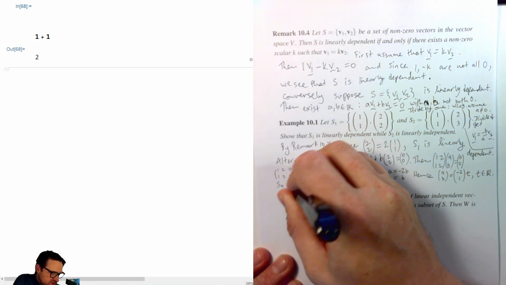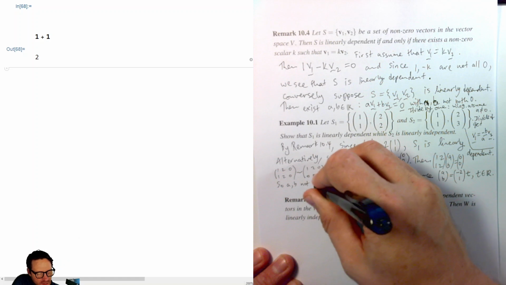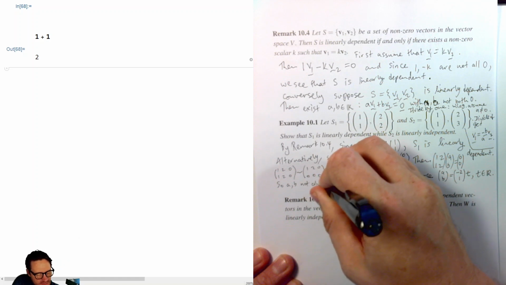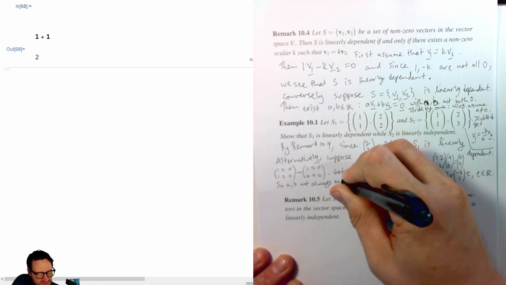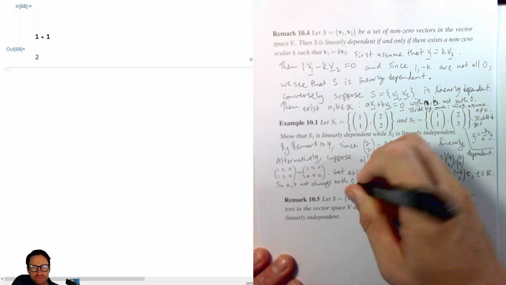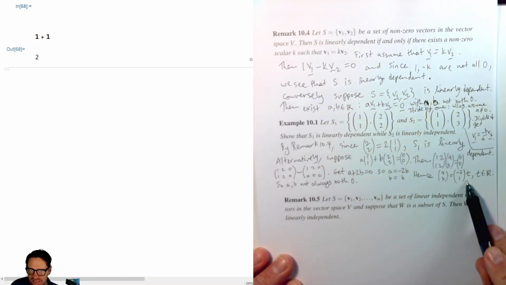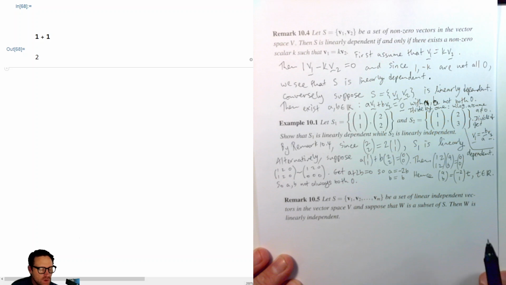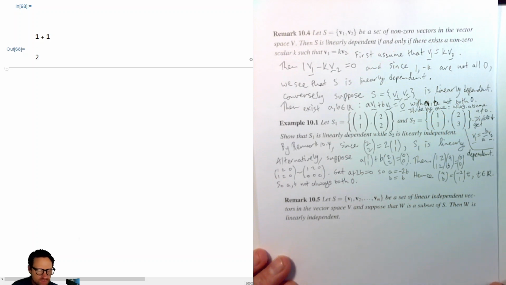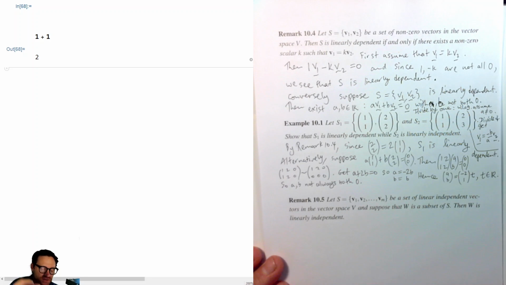So a and b are not always both 0, right? So I can choose a t that's, say, t equals 1, for example. All right, so a lot on that one.